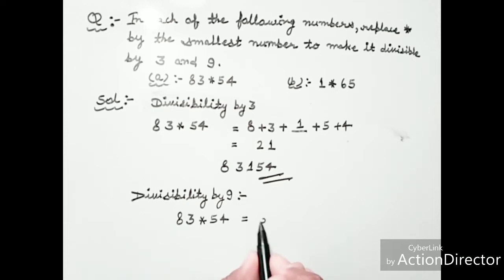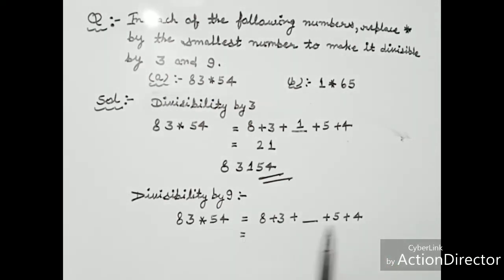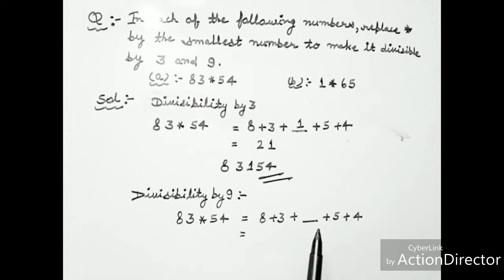So first we add 8 plus 3, and here we take a space, then 5 plus 4. The sum of these 4 digits is 20, and 20 is not divisible by 9, but 3 sevens are 27, and 27 is divisible by 9. So here we take 7 and we get the sum 27.